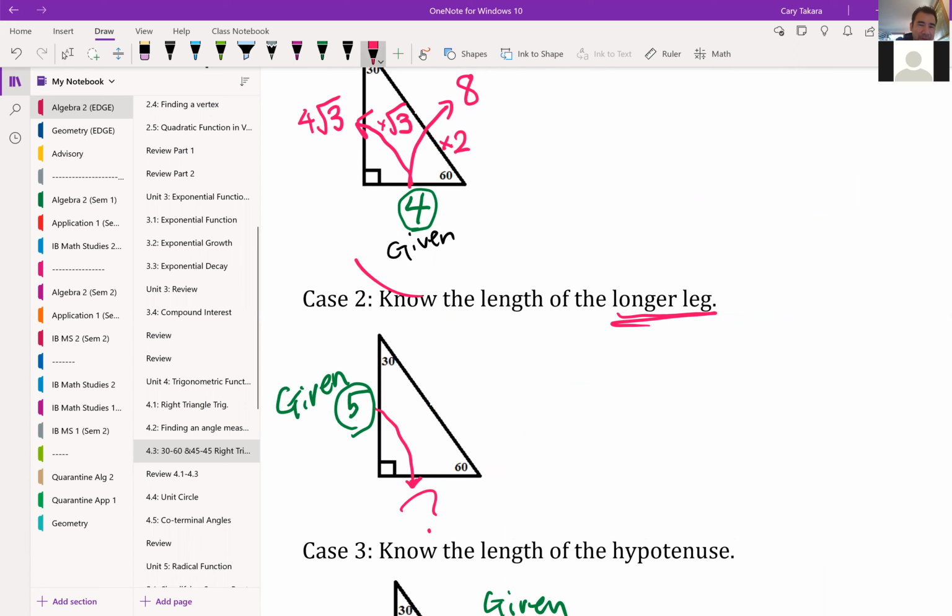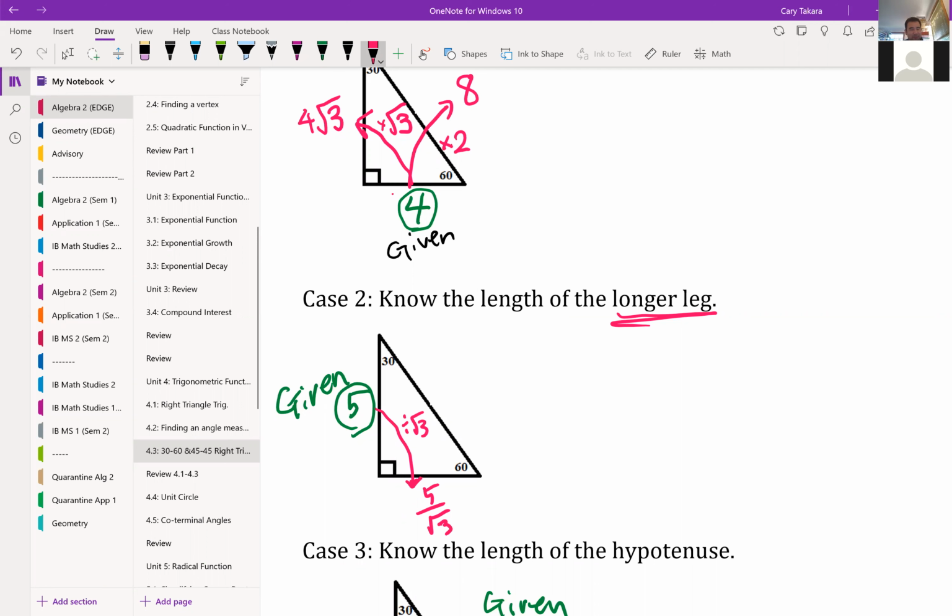How did you go from the short leg to the long leg? What did you do? Didn't you multiply by square root of 3? So what do you think you have to do to get back to the short leg? Very good, you have to divide by square root of 3. So the short leg will be 5 divided by square root of 3.